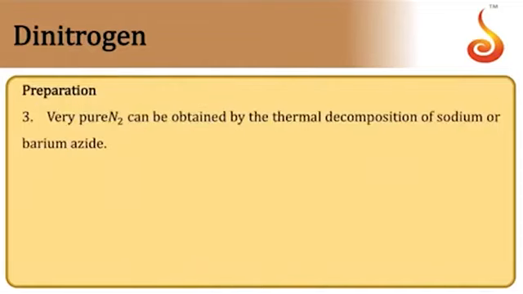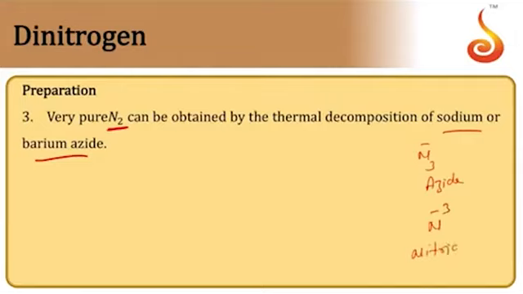Then comes pure nitrogen. Very pure N2 can be obtained by thermal decomposition of barium or sodium azide. N3 minus is called the azide ion, and N minus 3 is called the nitride ion.